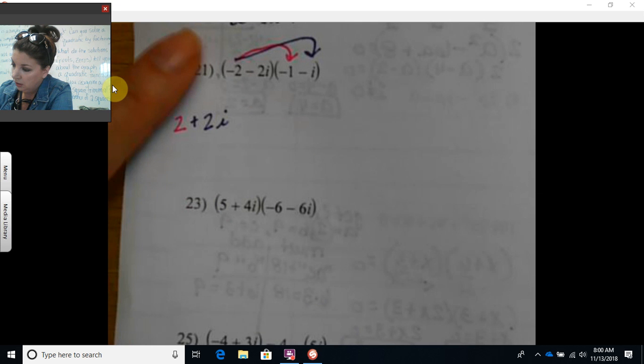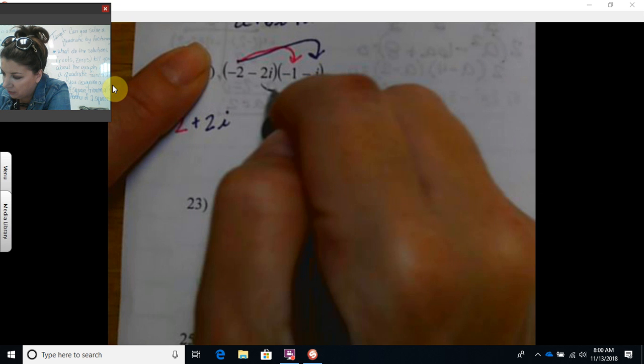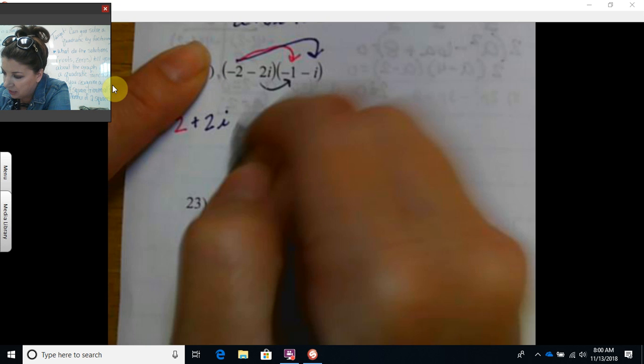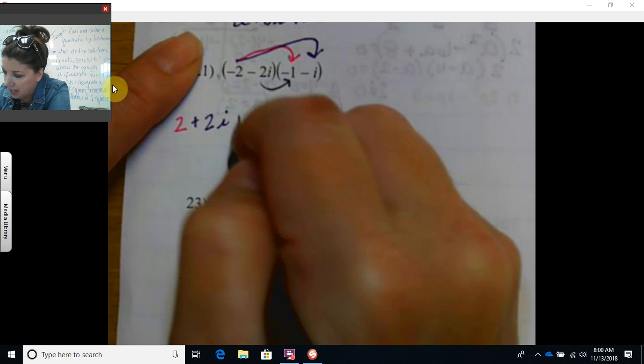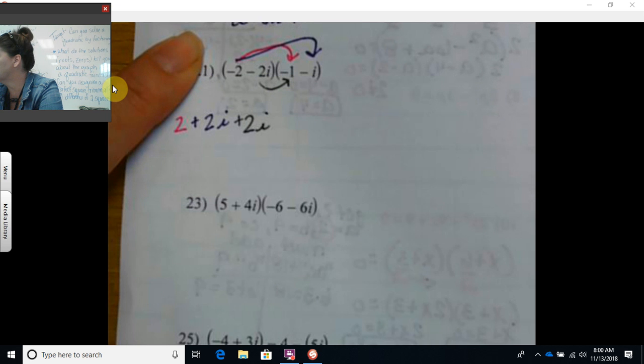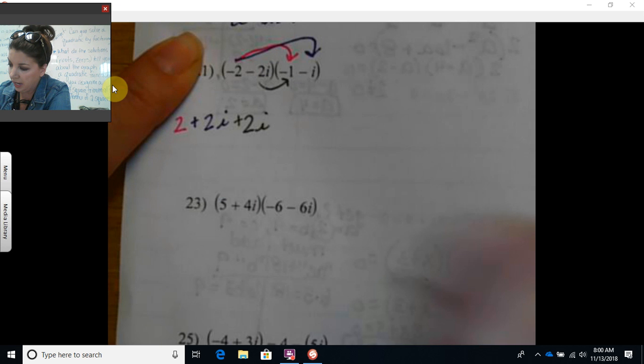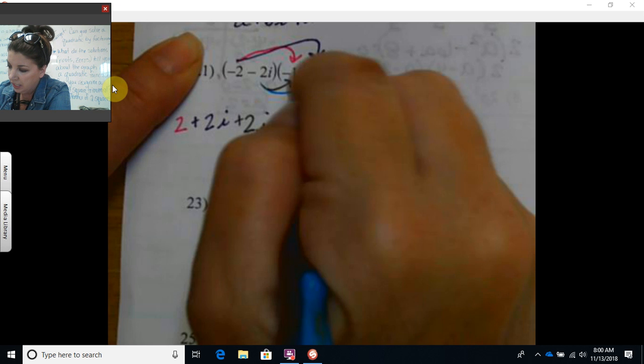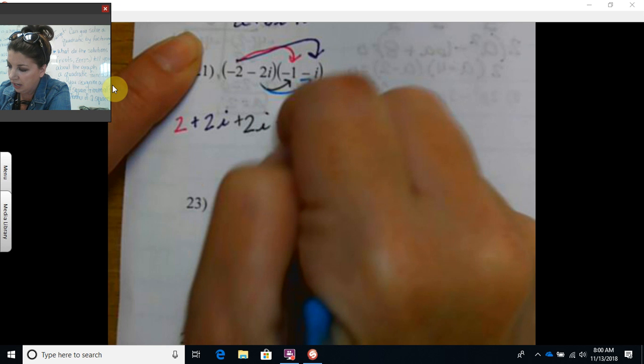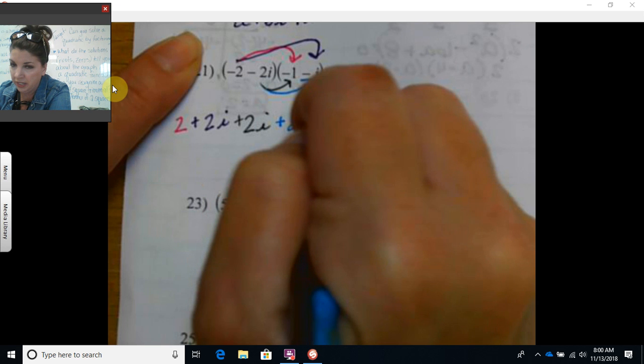Negative 2i times negative 1 is positive 2i. And negative 2i times negative i is positive 2i squared.